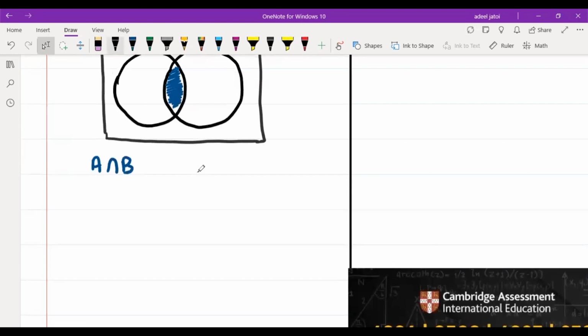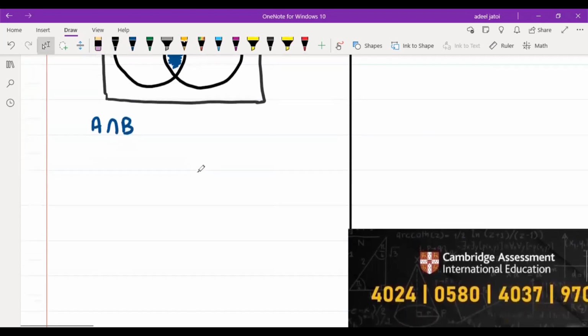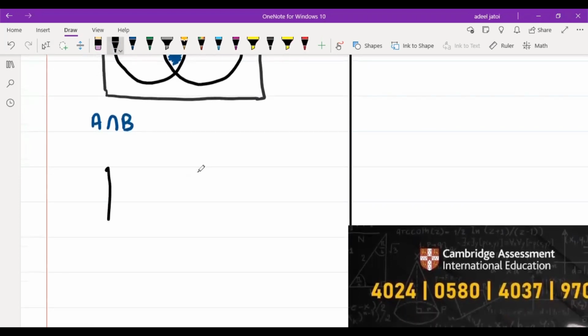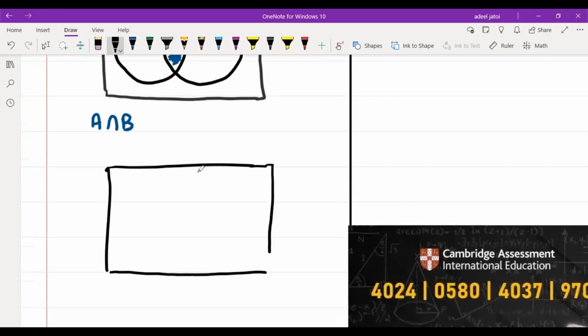Now, similarly, if I say that we have another rectangle and let's say we have A complement.